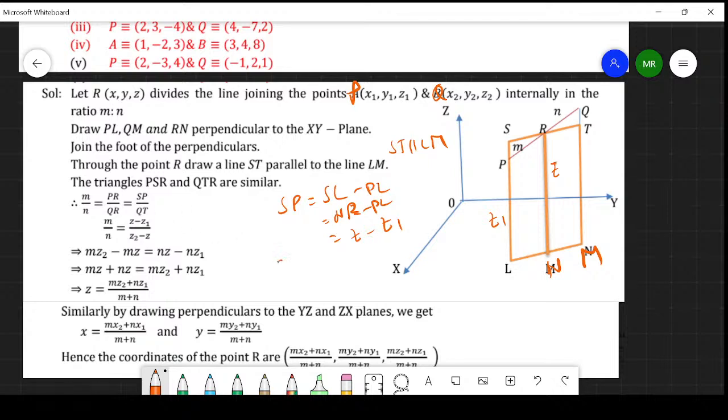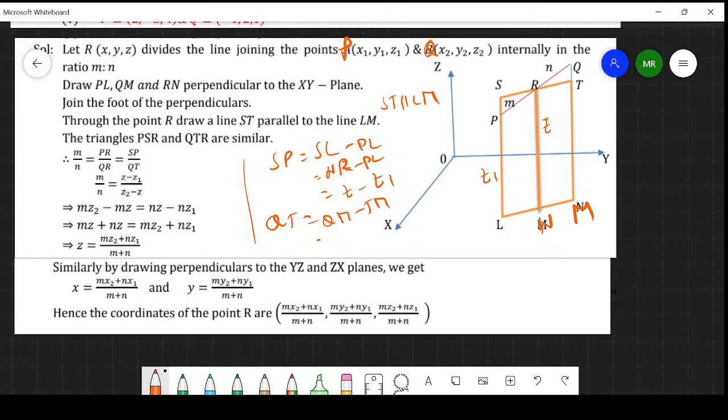Again, what about QT? Observe this is Q and T; I want QT. QT means QM minus TM. Observe here, QT means QM minus TM.